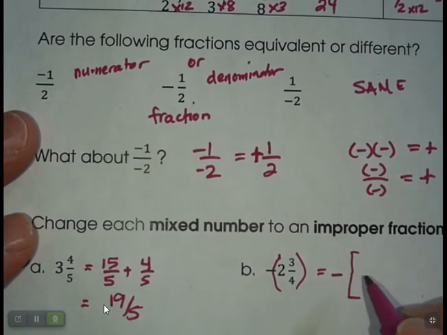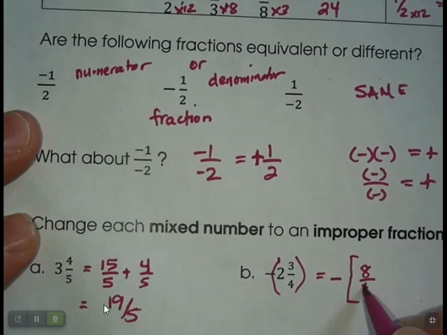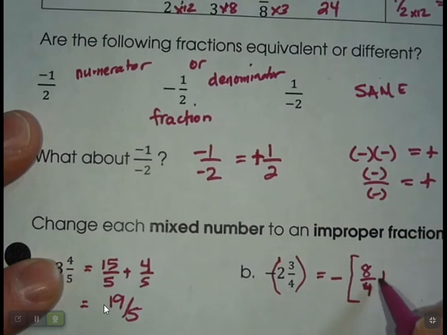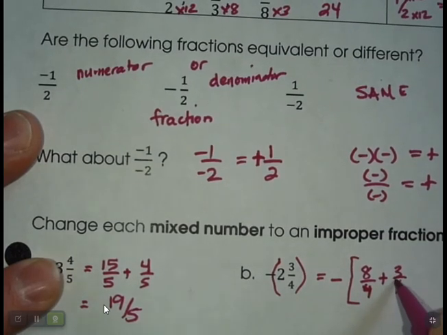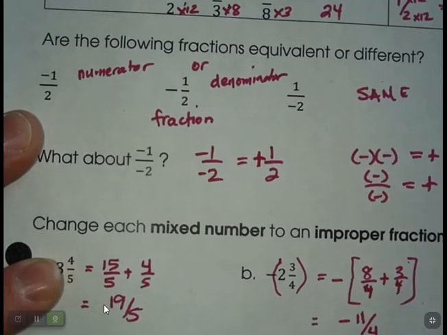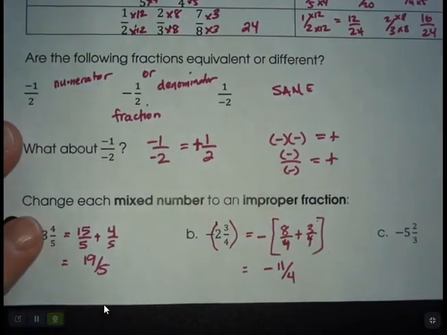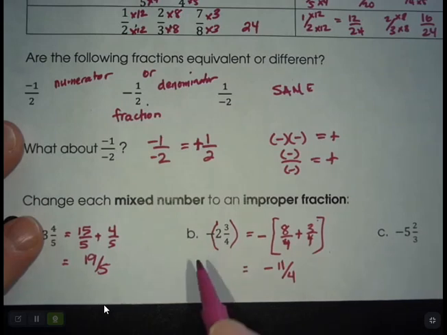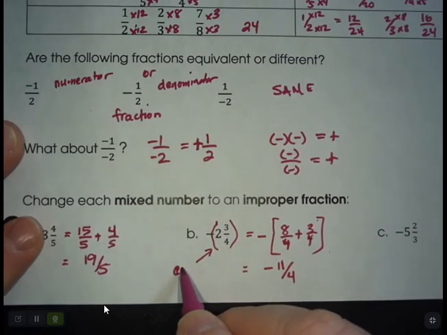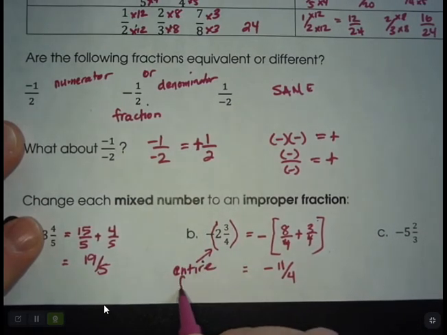So here I have 2 groups of 4, which is 8, plus another 3 groups of 4. That's just going to be 11 over 4. And that whole fraction is negative. All right, so that just means the entire fraction is negative.